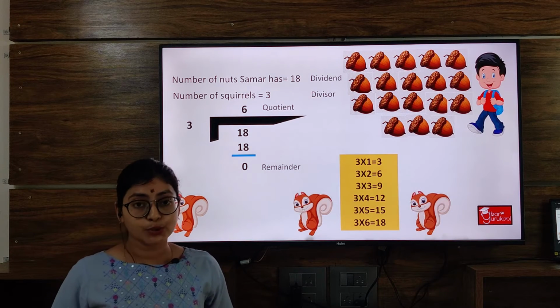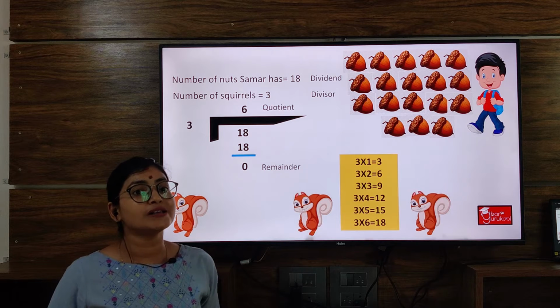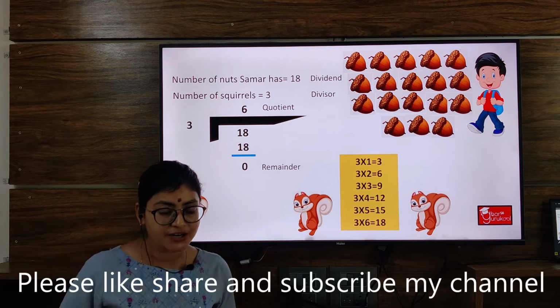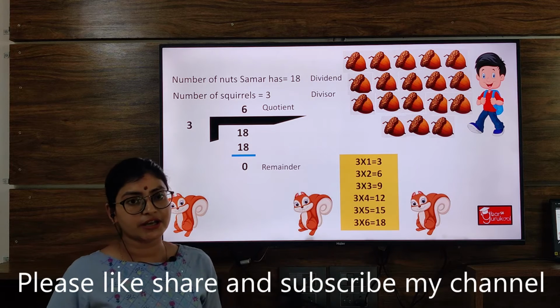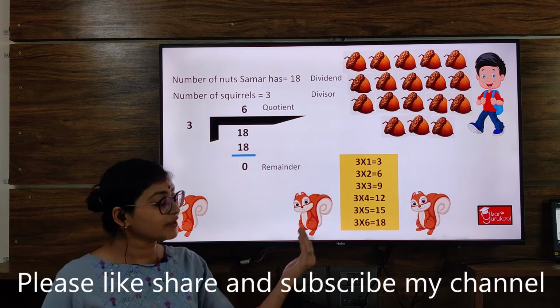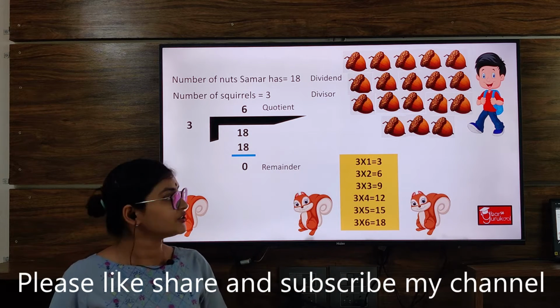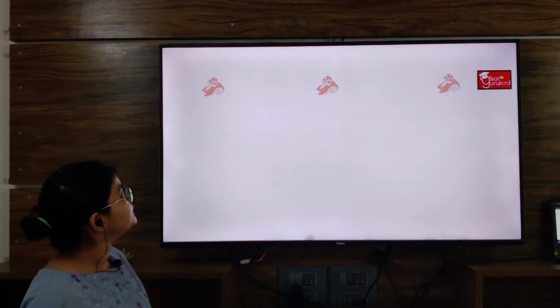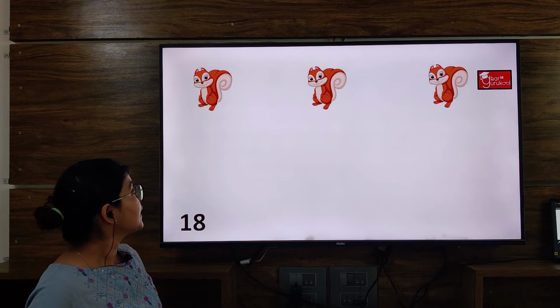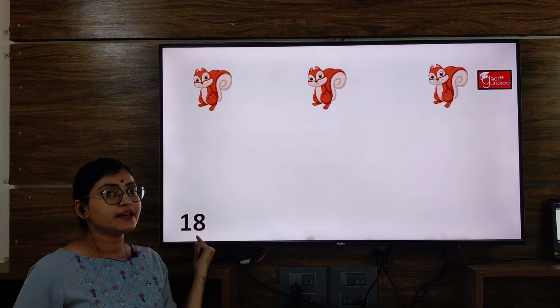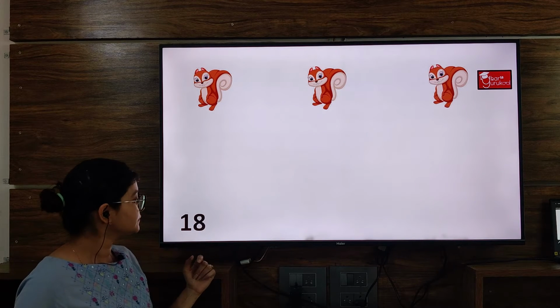Now, as I told you that division is also called repeated subtraction, so let's understand how we can recheck it, or how we can see that this thing can be solved through repeated subtraction as well. These 3 were the squirrels, right? And Samar had 18 nuts in total.